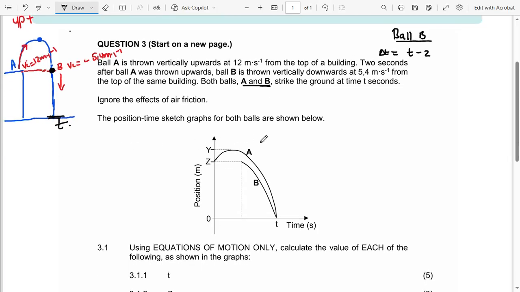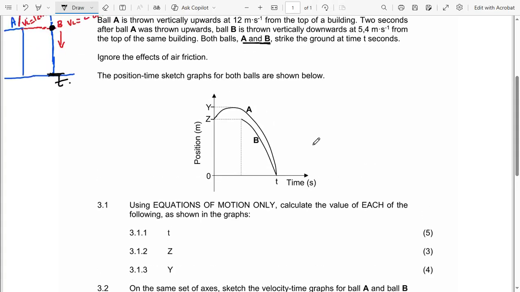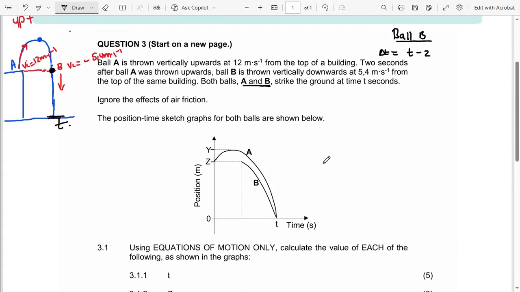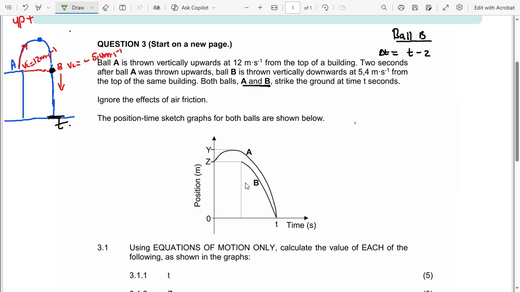The position-time sketch graph for both of the balls is shown below. Okay, so let me explain what is going on here. Let me start with ball A. Ball A starts at Z, which is the height of the building. Then it is projected up.